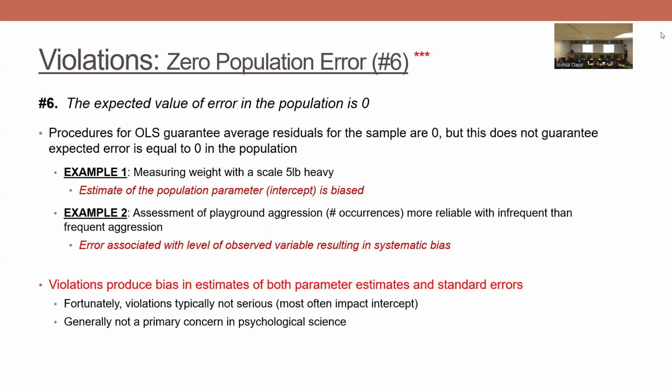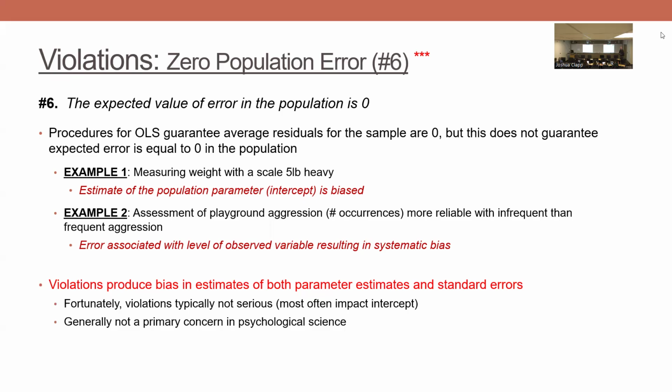Most of the time what ends up happening is you end up with a bias in that intercept estimate. Are you often concerned about the intercept? Generally not, right? And so it's a violation, but it impacts where your line is more so than how your line is shaped.